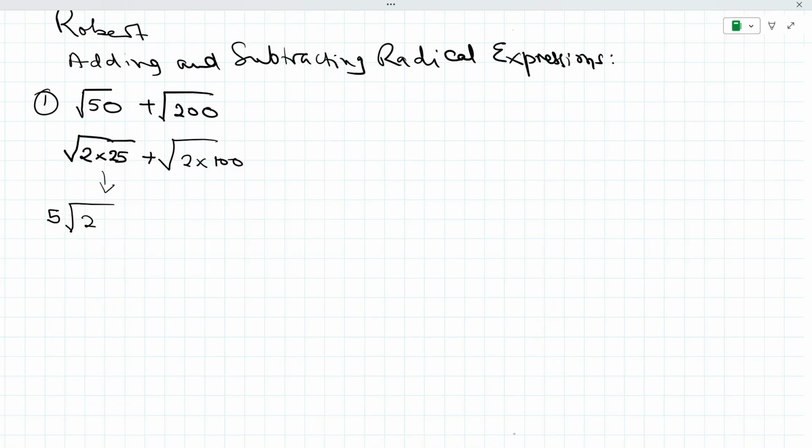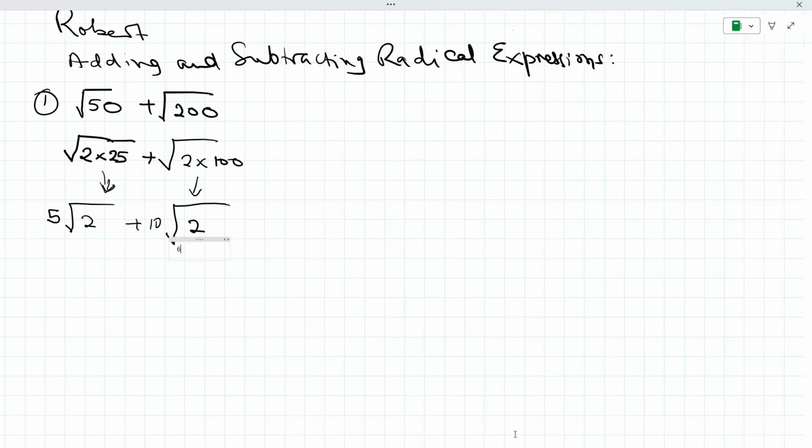So 5 root 2 will be that expression. Now we have to add this expression here. We have 100, and the square root of 100 is 10. So we have 10 square root of 2, what we remain with under the square root.